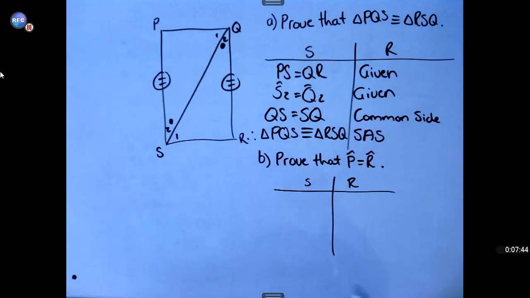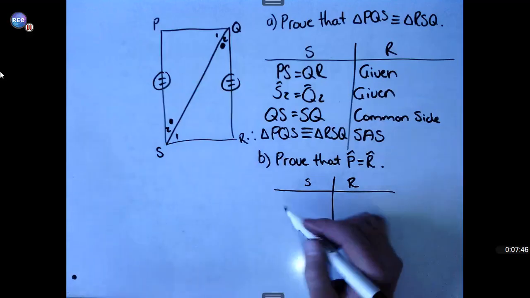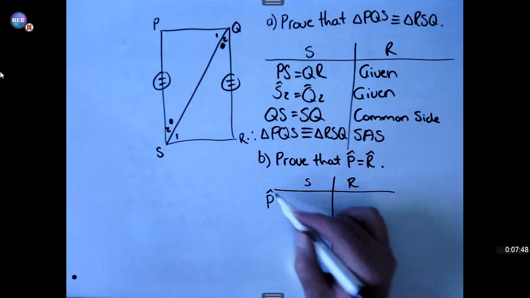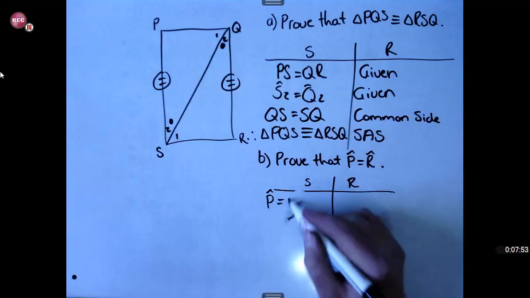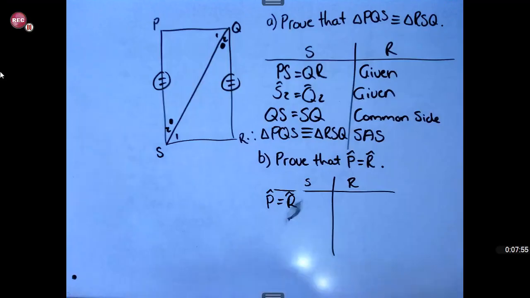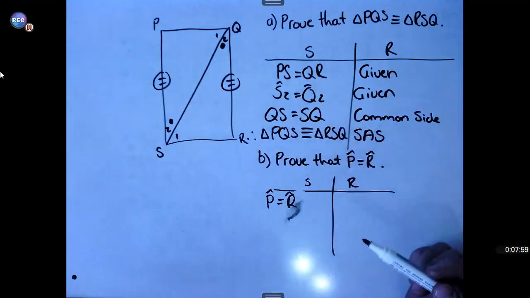would now be an easy task. So all that you can do is you can just say that angle P is therefore equal to angle R. And your reason there is simple. You've proven congruency in the previous question already.